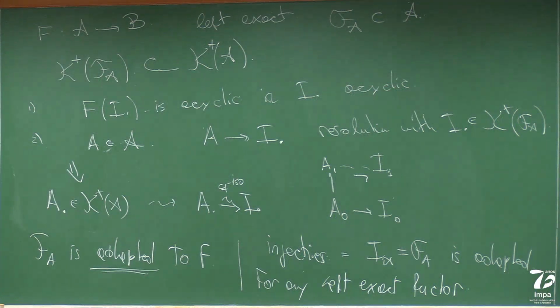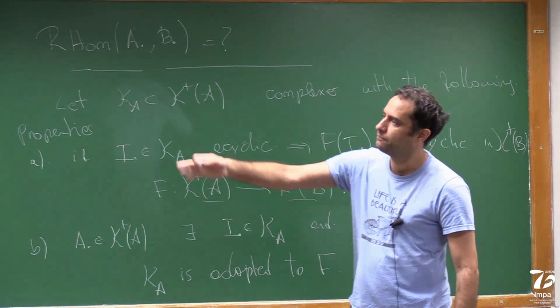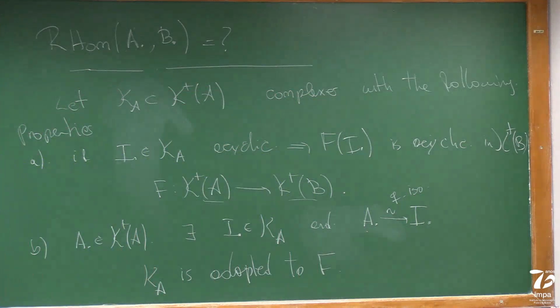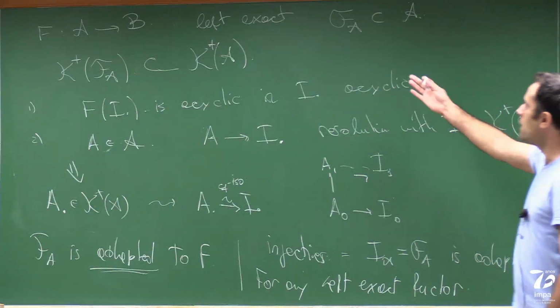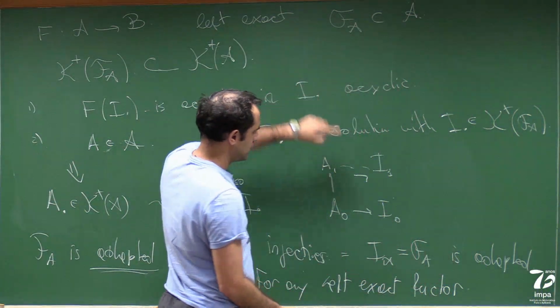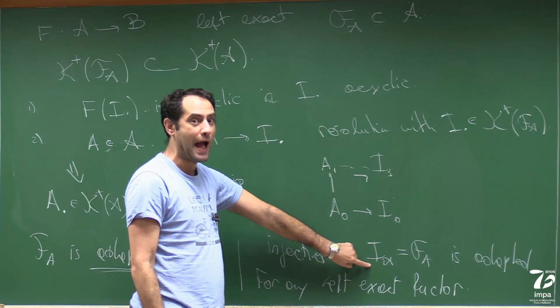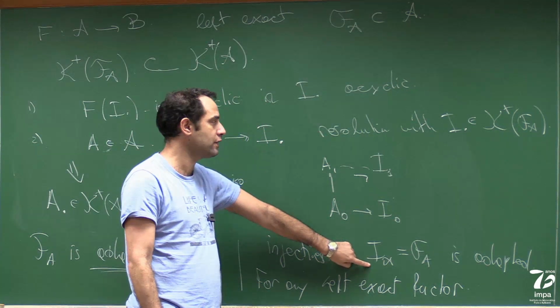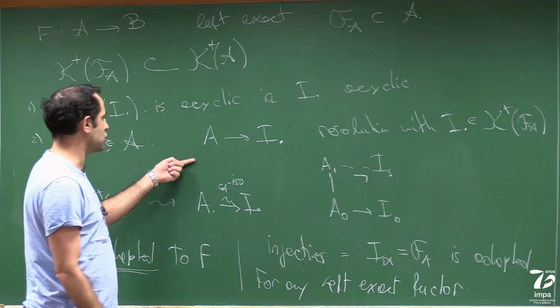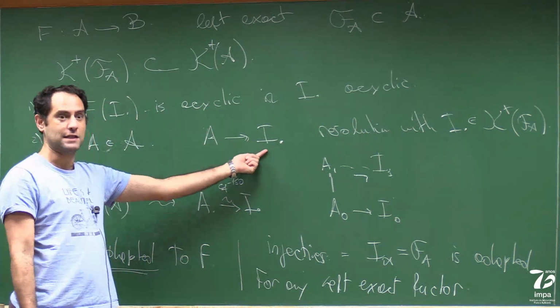So in particular, if you have your F_A containing all injectives, whatever F_A is going to satisfy this condition, or the second condition there. Right? So take any F_A, as long as it contains all injectives in your category, and you have enough injectives in your category, then you're going to have this condition, because you can just take an injective resolution.